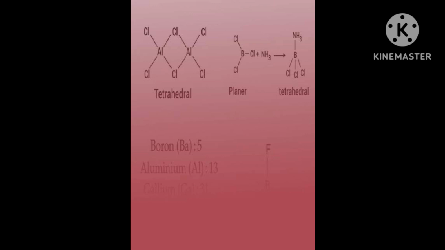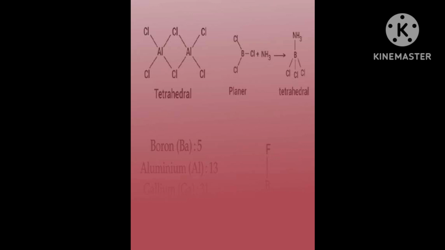Now reactivity towards acids and alkalis. How will they react with acids and alkalis? Boron does not react with acids and alkalis. Even at moderate temperature it will not react with acids and bases.